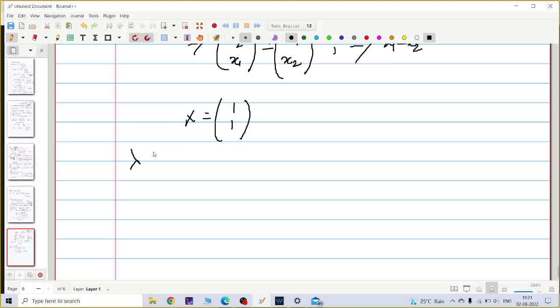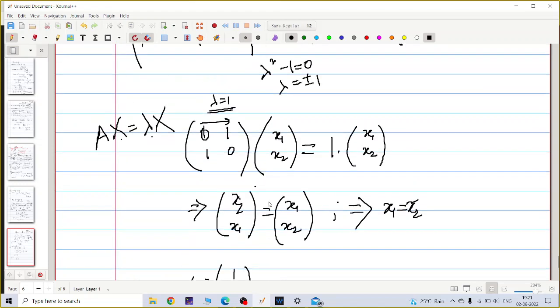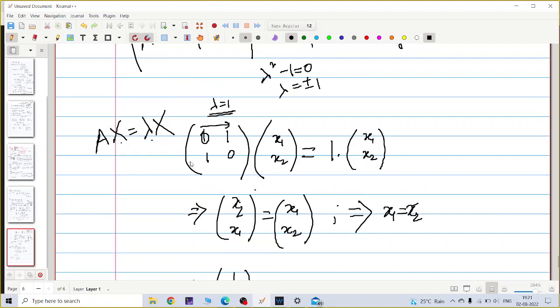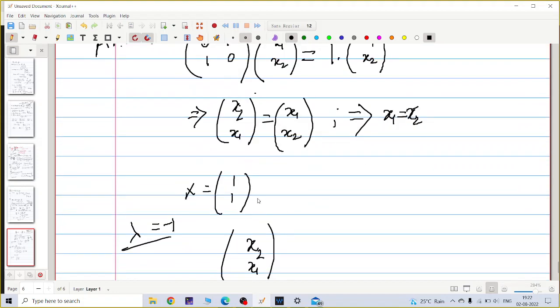For lambda equal to minus 1, we do the same thing. The left hand side is the same: AX is (x2, x1), and lambda is now minus 1, so the right side is (minus x1, minus x2). For lambda equal to 1, I get eigenvector (1, 1).